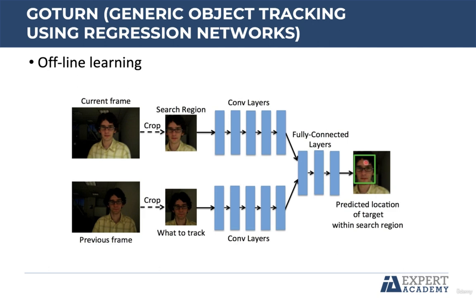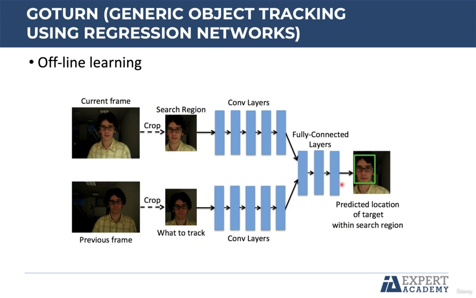The neural network returns a bounding box, as you can see here, with the position of where the object is in the next frame. Don't worry about understanding neural networks, because as I mentioned before, the goal of the course is just to show you the basics of each algorithm, and you can access the additional materials if you want to know more.